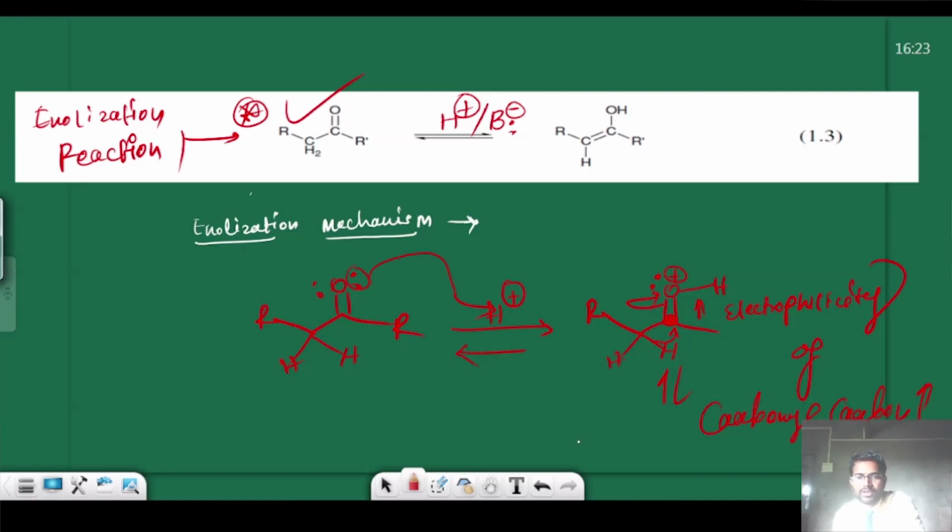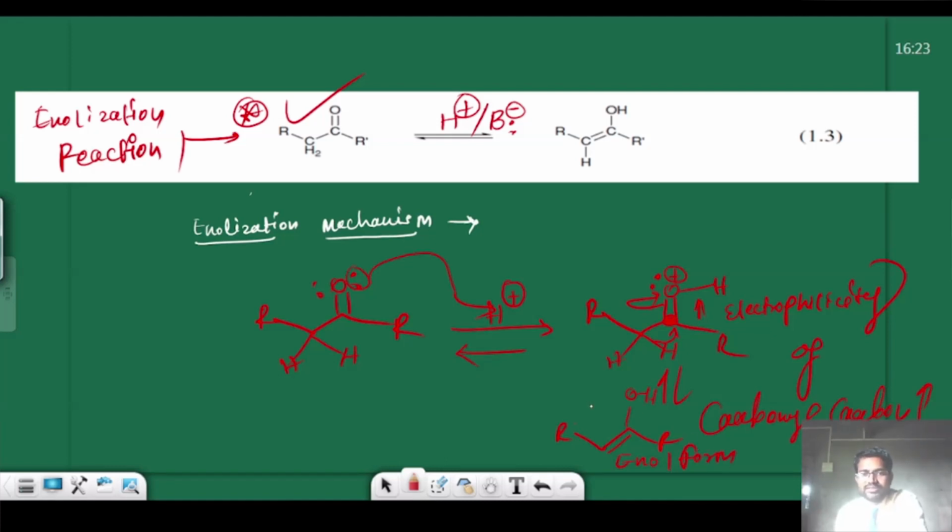This is a double bond, this is a single bond, and one new pi bond is generated over here. This alkyl group is as it is here, and there is a formation of OH like this. So here it is called the enol form.